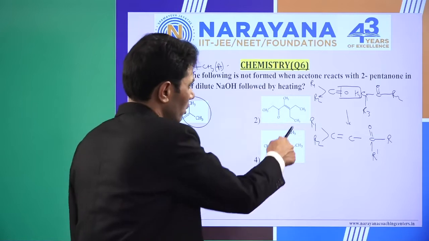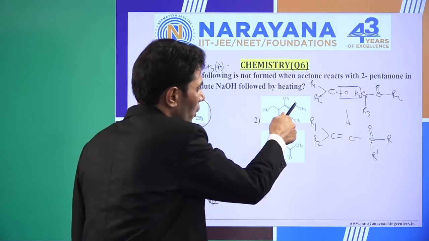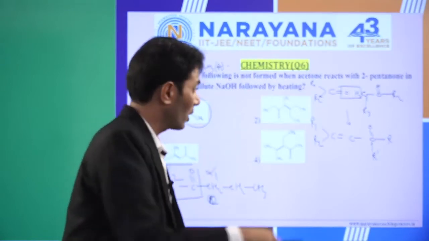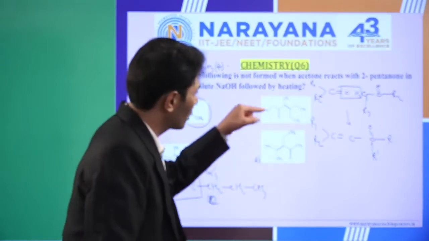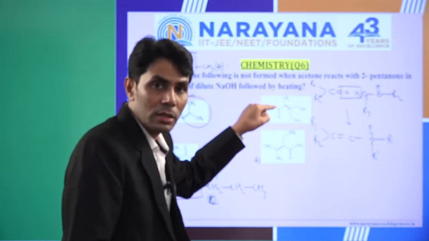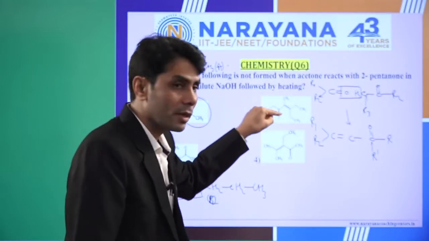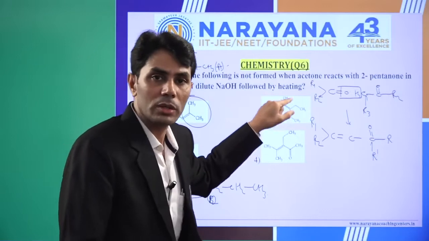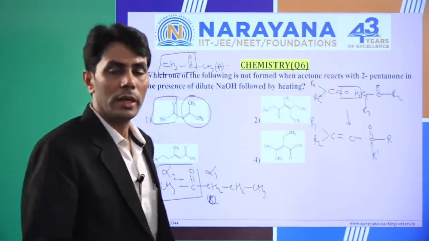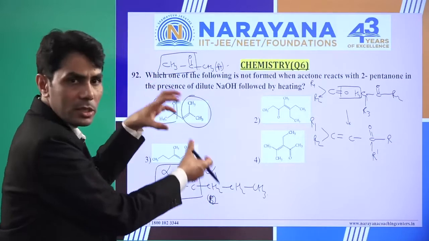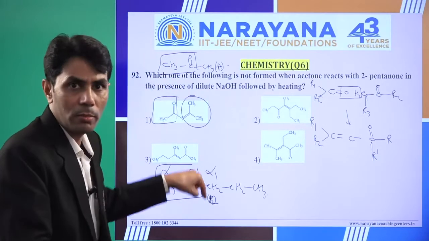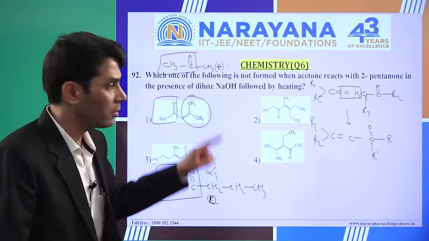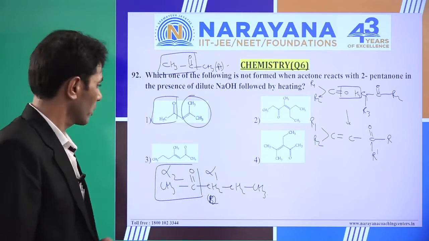And if we move from this terminal 1, 2, 3, on the third carbon again, we are getting pi bond. From this terminal, where is oxygen on the third carbon? Not possible. From this terminal, where is pi bond? On the third carbon, again not possible. It means by any combination of these two molecules A and B, we cannot form this molecule. Okay, let's observe the other options.